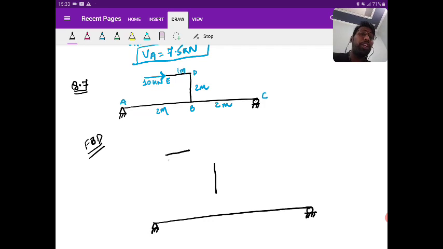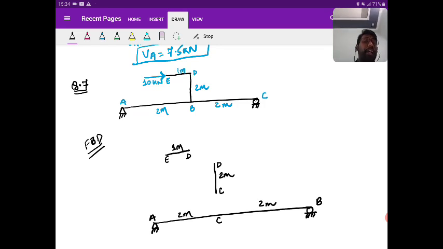E, D, C, A, B. 1 meter, 2 meter, 2 meter, 2 meter. Come on, draw the free body diagram. Show the forces. Try to do the equilibrium. First show the 10 kilonewton.